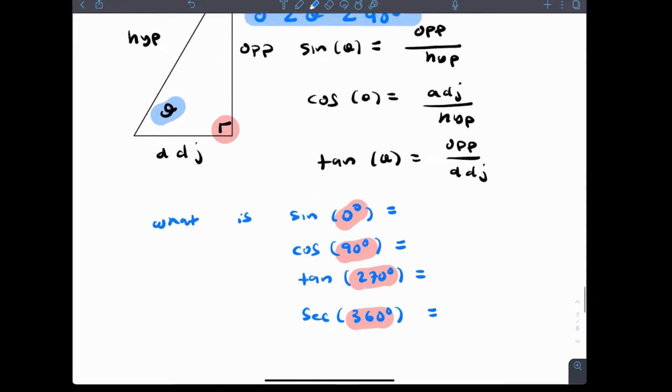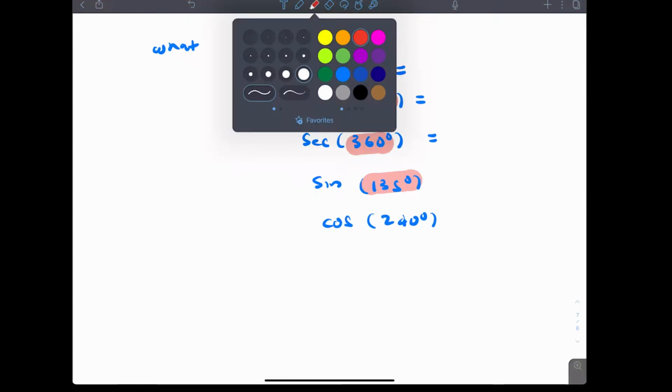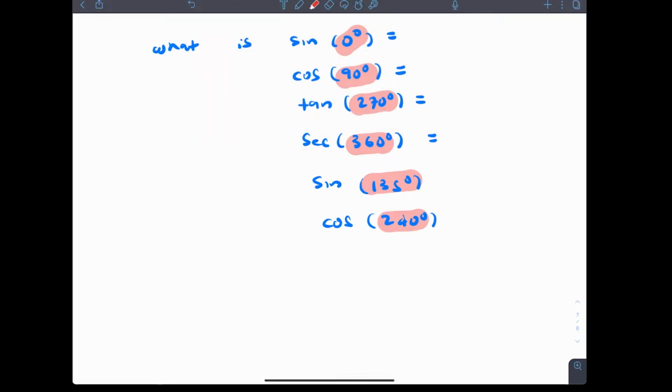Now you go, okay, what are they doing here? They're going to ask us these kind of questions. They're going to even say, what is sine of 135 degrees? They'll even ask us cosine of maybe 240 degrees. As you guys can see, you may look at this and say, I didn't know you could even ask those kind of questions.